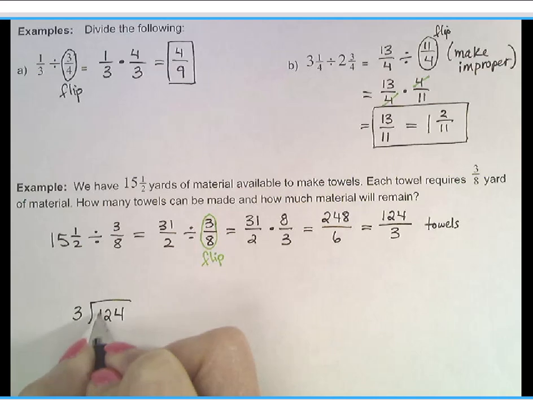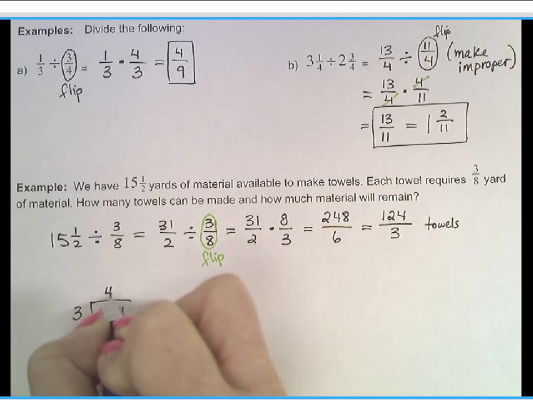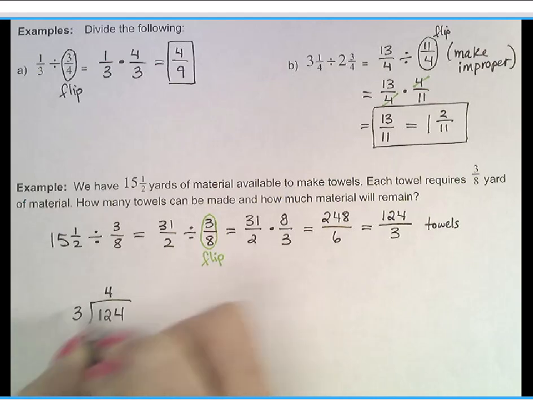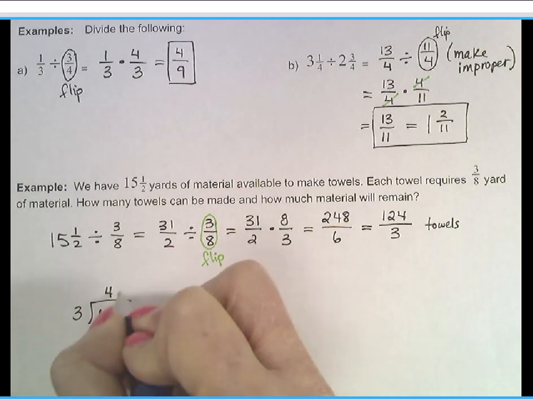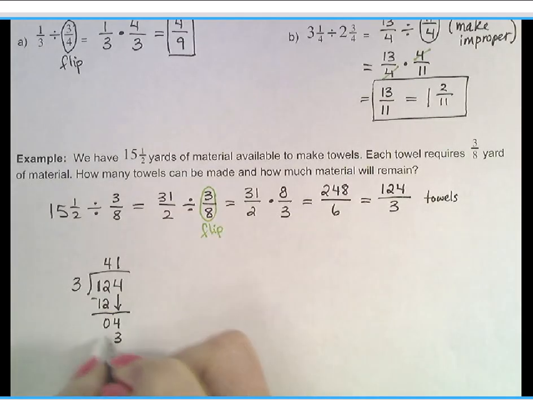Does 3 divide into 1? No. But 3 divides into 12. It'll go in there 4 times. 4 times 3 is 12. Carry down the 4. 3 will divide into 4 one time. 1 times 3 is 3.